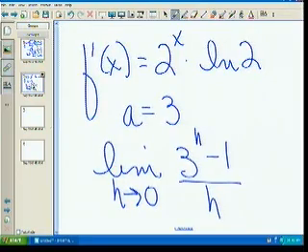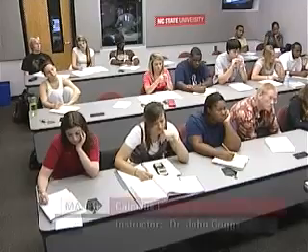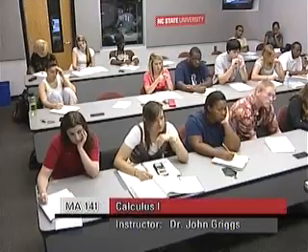So let's pick a value very, very close to 0. Somebody run that through your machine and see what you get for that limit. 1.09.